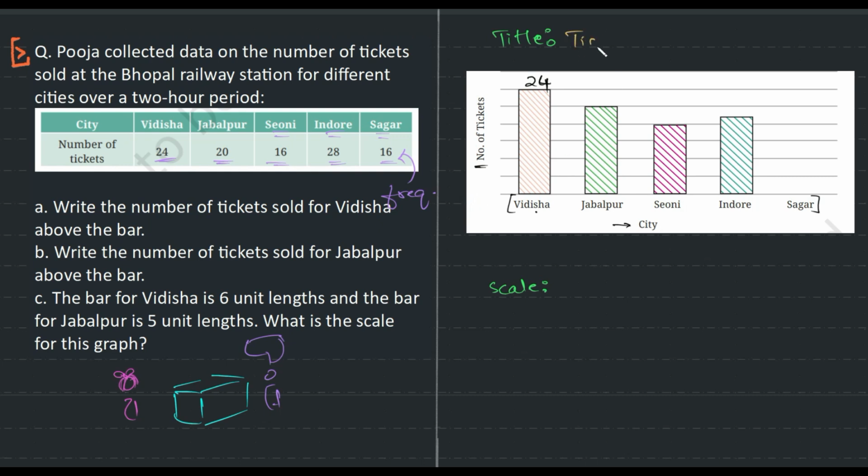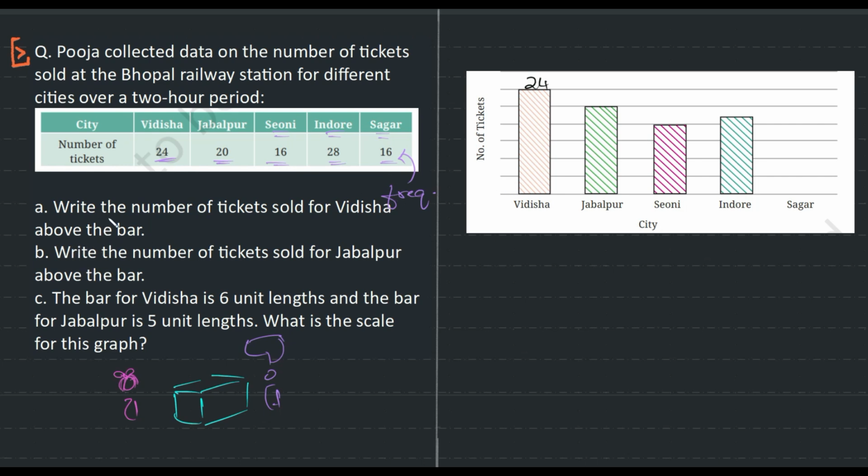I can say, tickets sold in 2 hours. Scale, we'll see. I can calculate it, but let's see the question. I'm going off track. This is not asked, so you don't have to write the title. That was me discussing something with you.